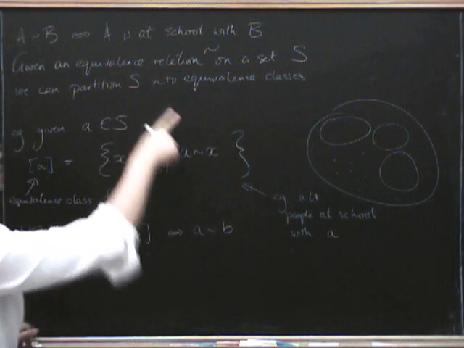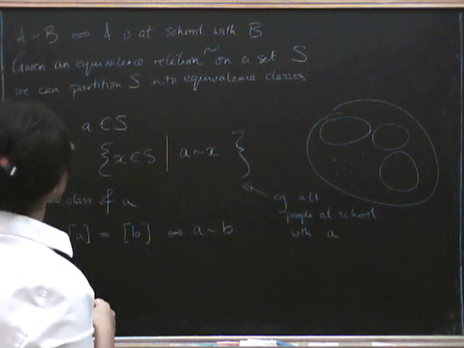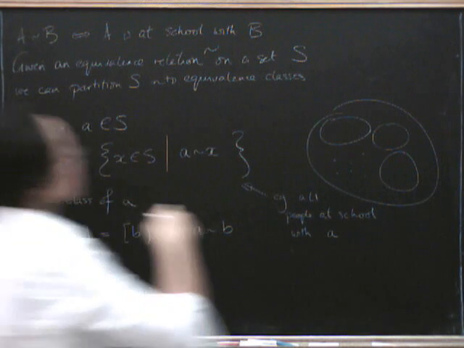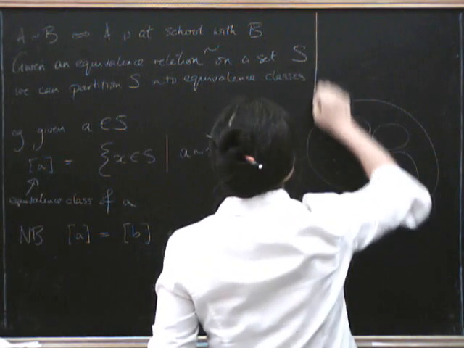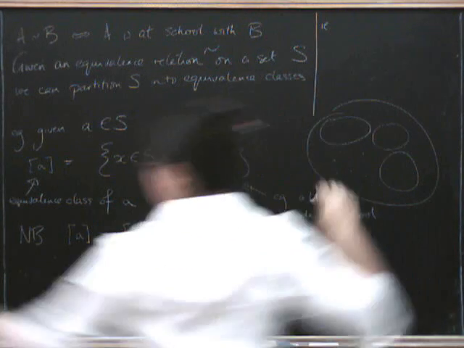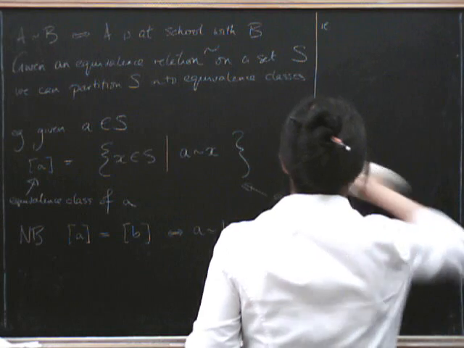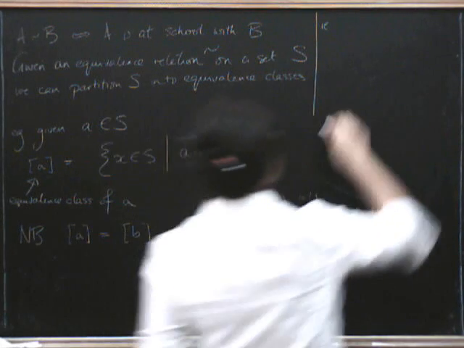So what that means, let's see, where on earth can I write it? Actually, I can get rid of this diagram, I don't need it anymore. So it means two things.